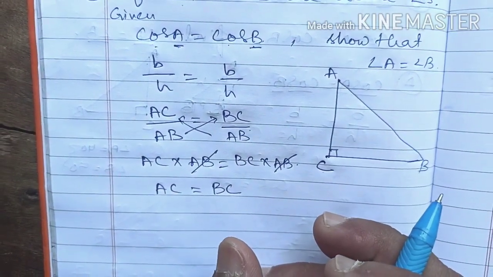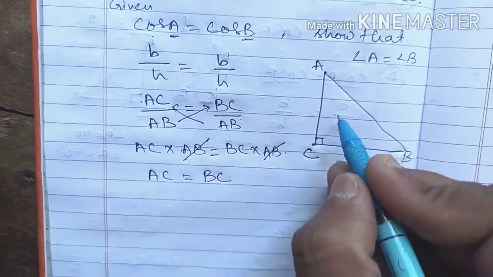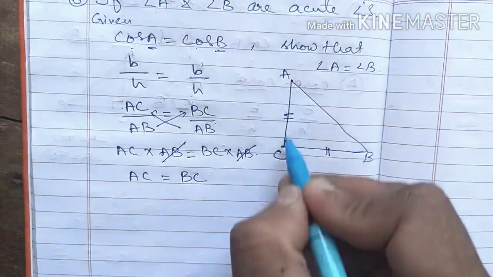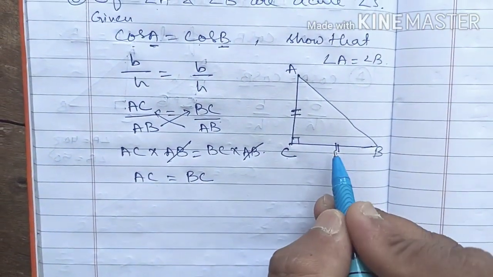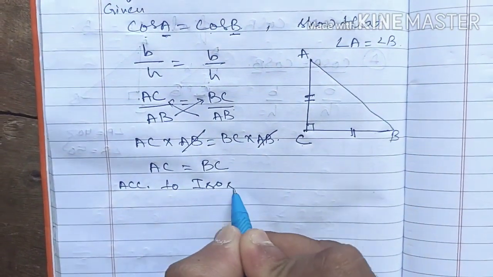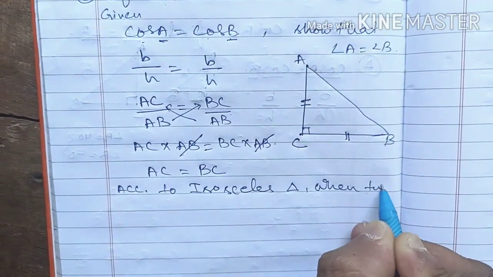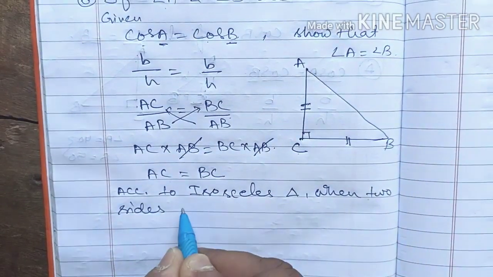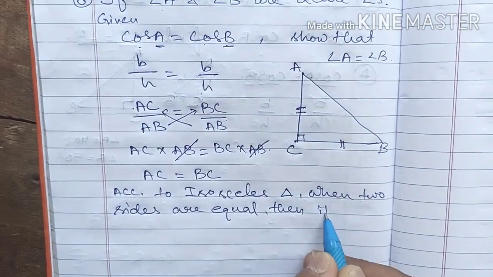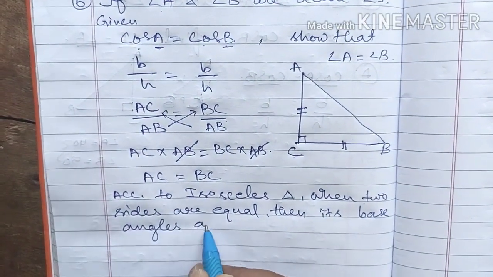Now you just remind yourself of the triangles chapter of class 9th. In that it was given, when two sides are equal in the same triangle, if AC equals BC, according to the isosceles triangle, when two sides are equal, then its base angles are also equal.